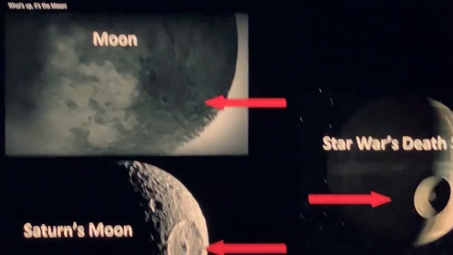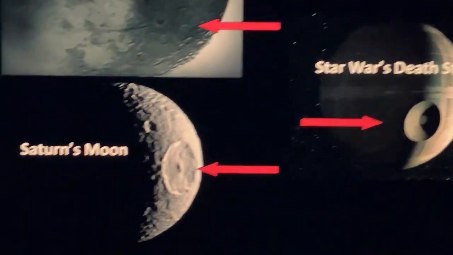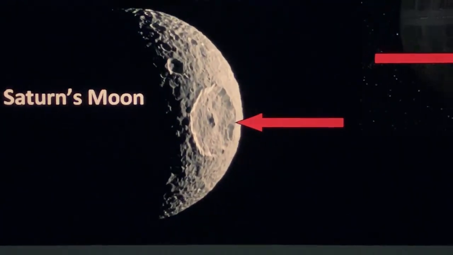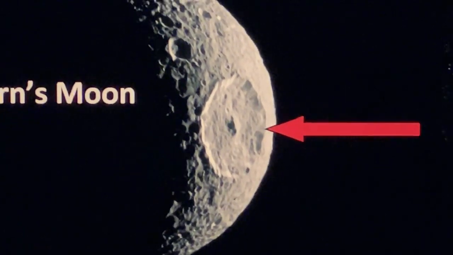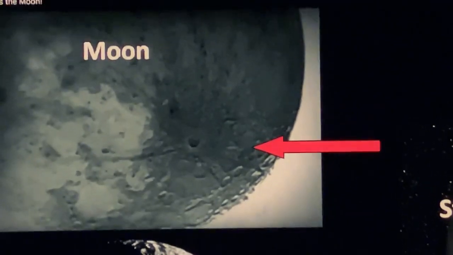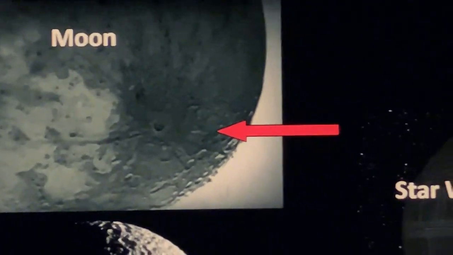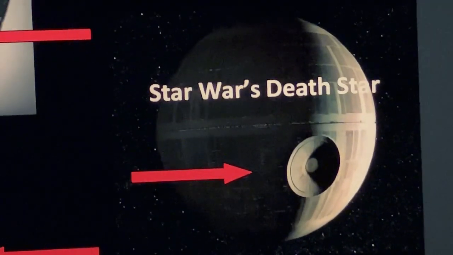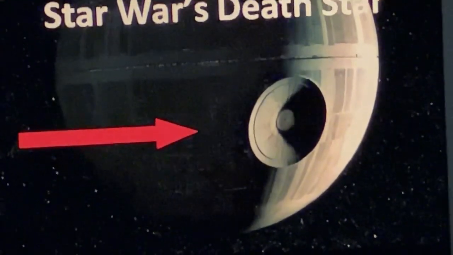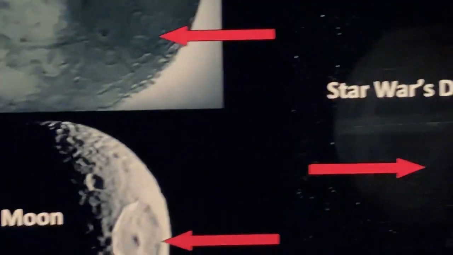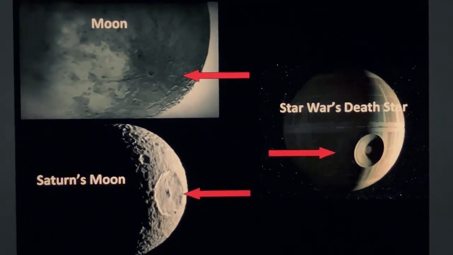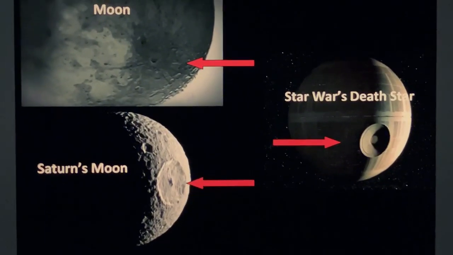So look at that. The Star Wars Death Star. This is Saturn's moon. It's got craters. This is our moon. They all have an indentation in the center. They all have it.